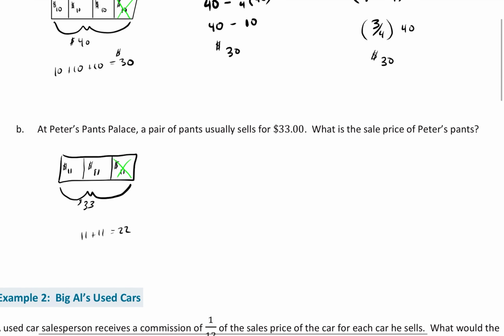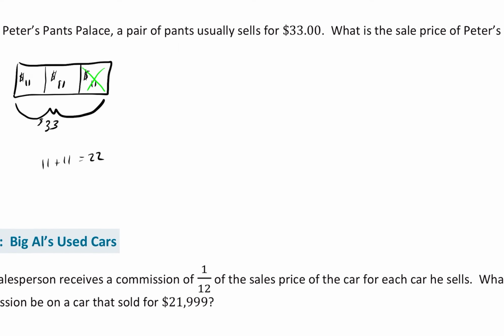Our second method here, we have 33, and we're going to take away 1/3 of 33. So 1/3 times 33 gives us 11. So 33 minus 11 gives us the same $22 from before.